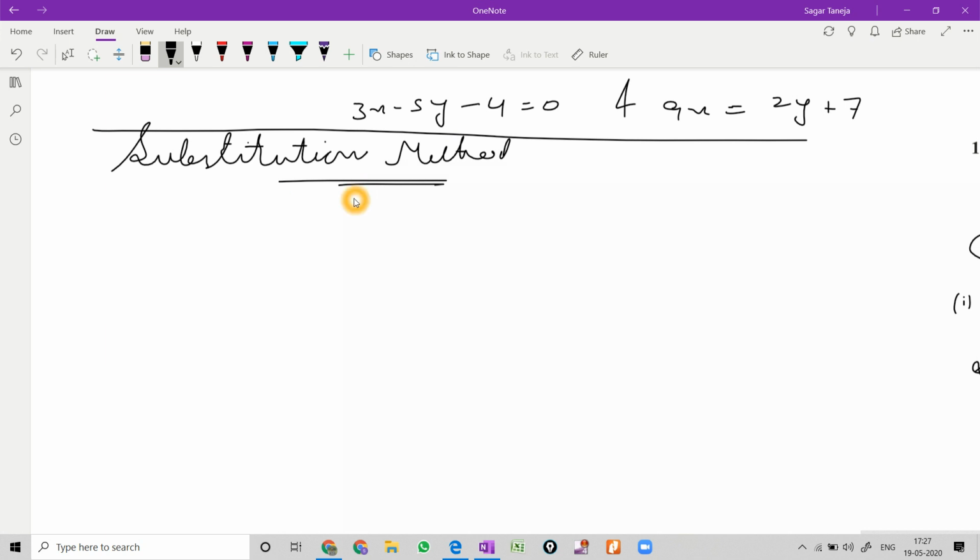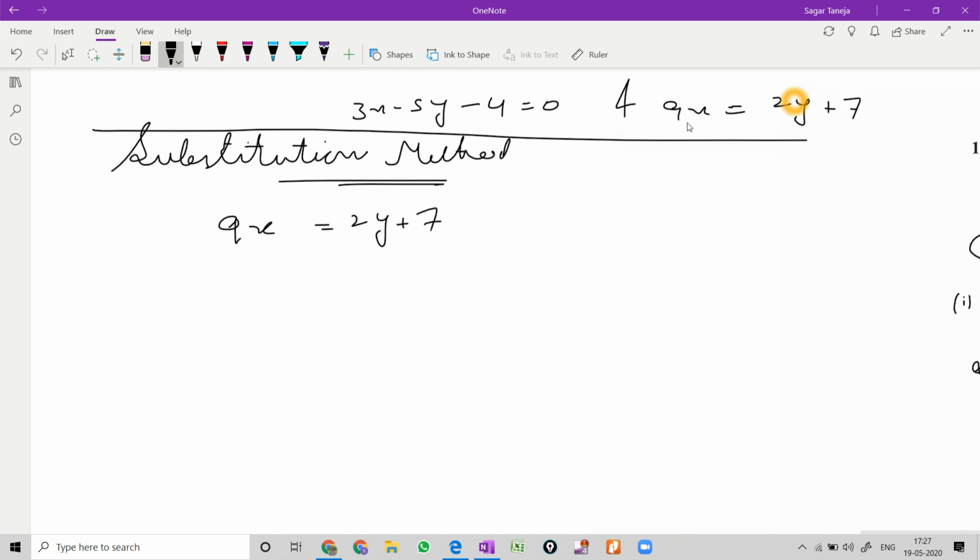In this substitution method, let us write these equations first of all in the proper form. The second equation, bringing this side is not highly required in the substitution method. We can solve in this way also. It was fine. So just leave this. Okay. Let us solve with the same, the way it is written. So right now I am just using this equation because it is easy to use.